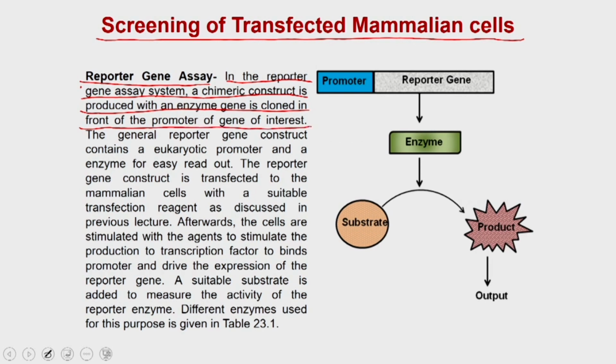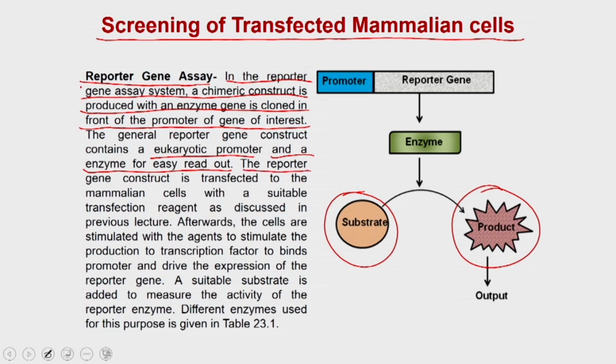So, the gene reporter construct contains a eukaryotic promoter, so that you will be able to express that particular gene utilizing the cellular machinery of the mammalian cells, and an enzyme which is going to give you a readout, which means this enzyme is going to process a substrate to a product, and this product may give you some kind of fluorescence or luminescence or some other readable product.